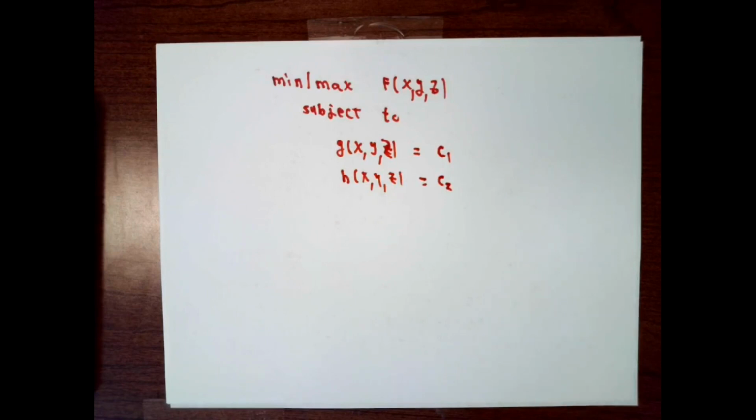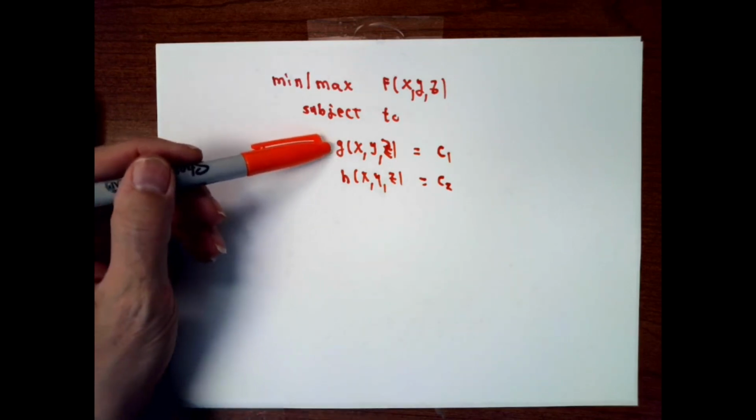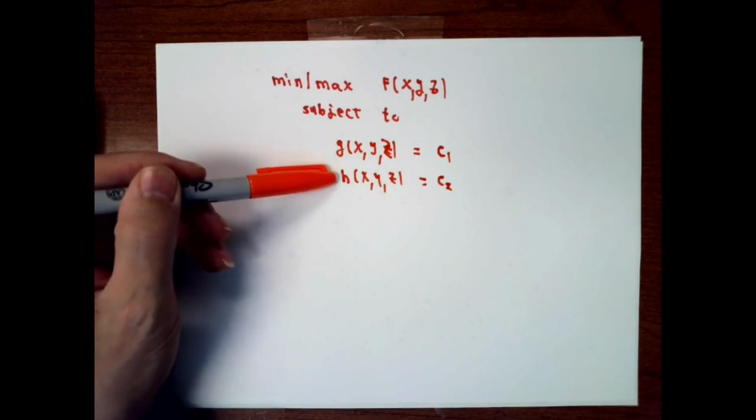In the preceding situation, we were looking at function values for our objective function f that lie in a certain surface. If I have two constraint equations that I want to both be true, then I would want to be within the surface described by this equation and also that described by this equation.